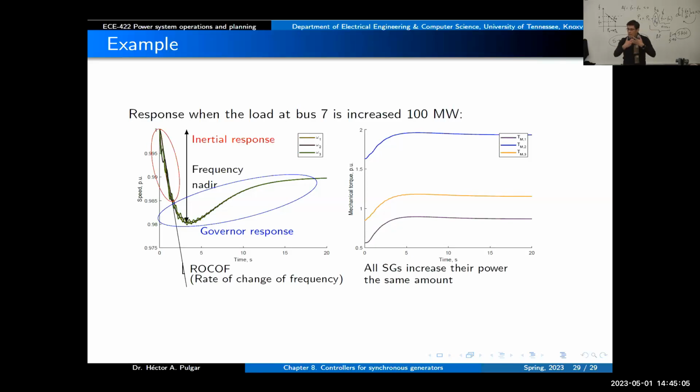What if the machines have different speed regulation constants? How might this be different? Because one of these generators might be a coal power plant and might have a slower response, and maybe we need to use a different speed regulation constant. What about the inertia? That's another parameter. So on Wednesday, we will play with that simulation and try different parameters to get a better understanding of how they might impact the dynamic performance of the system.